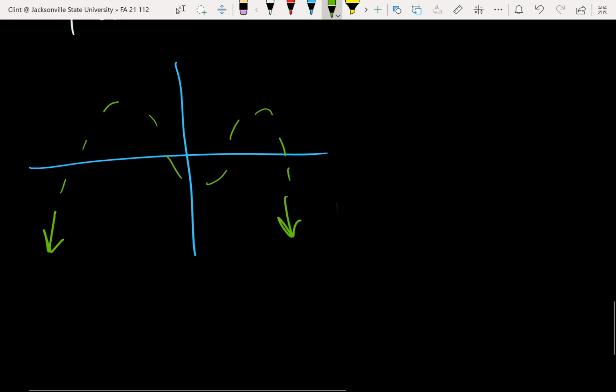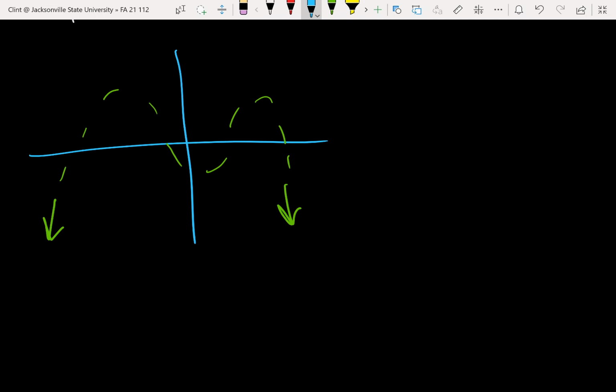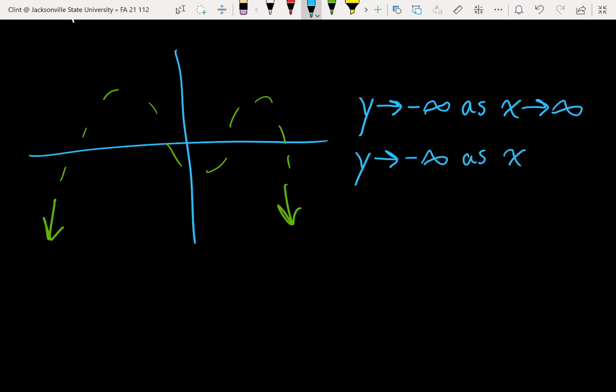So the way we would describe that, when both ends go down, is we would say our y values approach negative infinity, right? They go down as our x values go to the right, so toward positive infinity, and our y values go down as our x values go to the left.